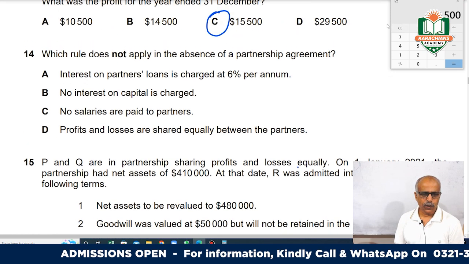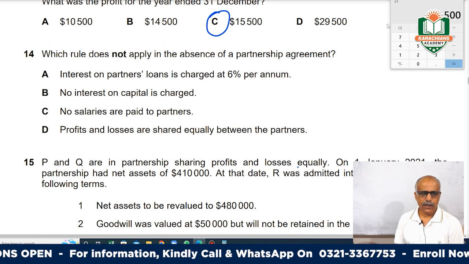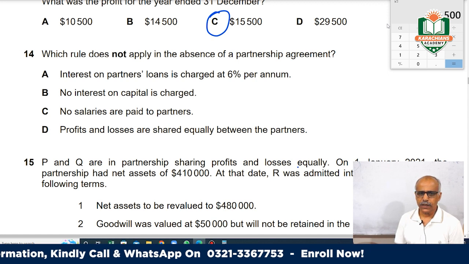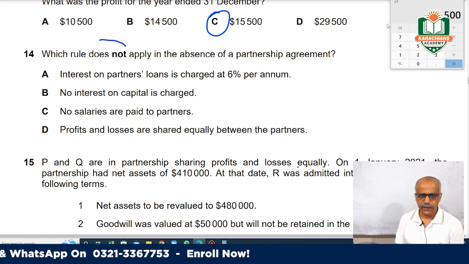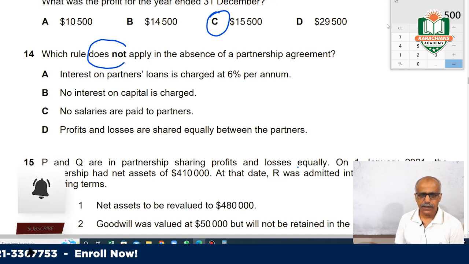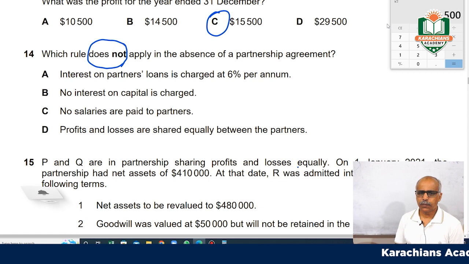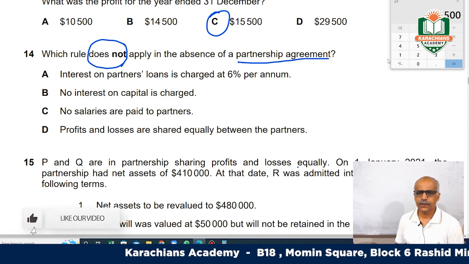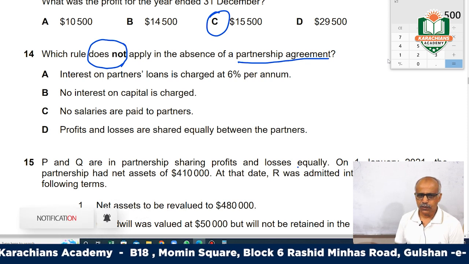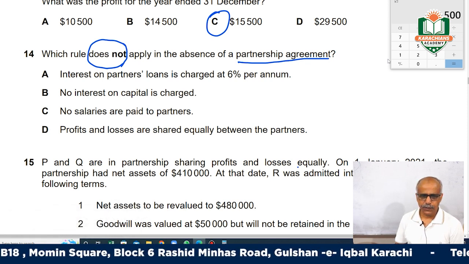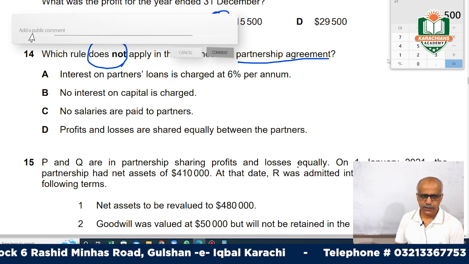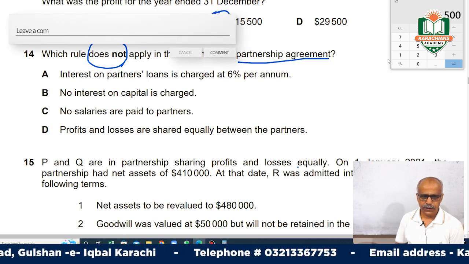Question 14: what does it say and what does it require? Which rule does not apply? Remember one thing very carefully. He is not saying apply, he is saying does not apply, in the absence of a partnership agreement. Interest on capital, loan charge 6%, no interest on capital charge, no salaries, nothing.